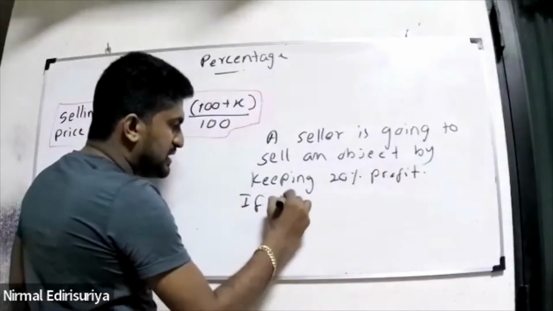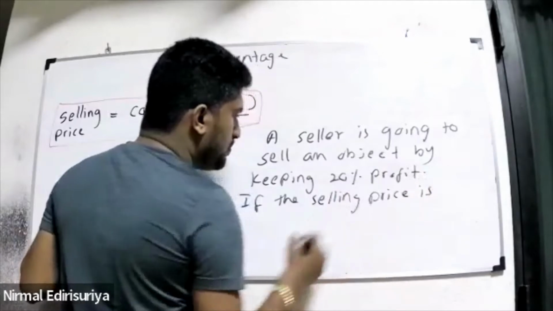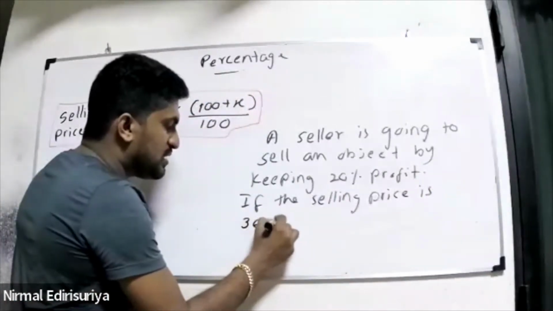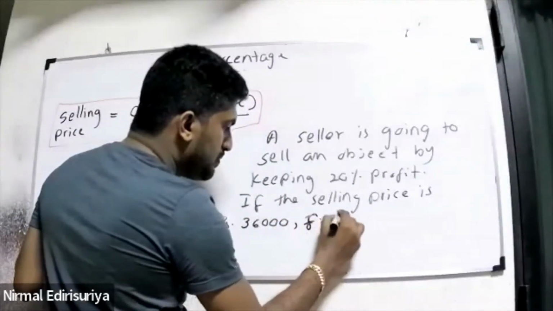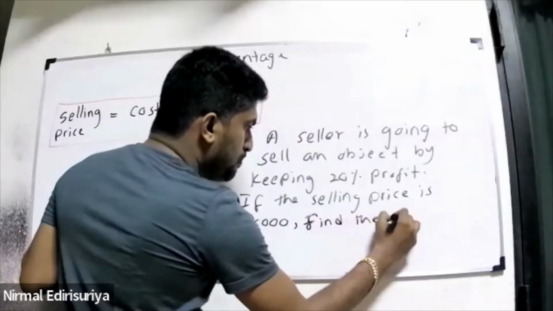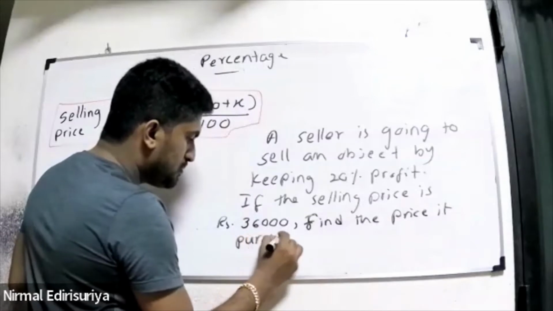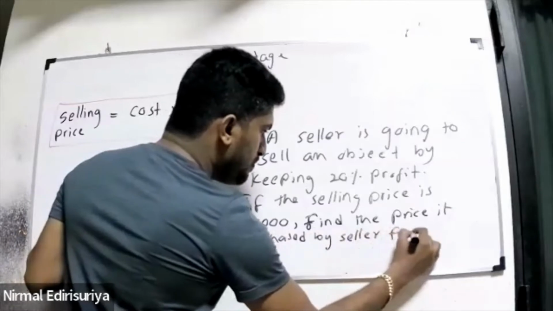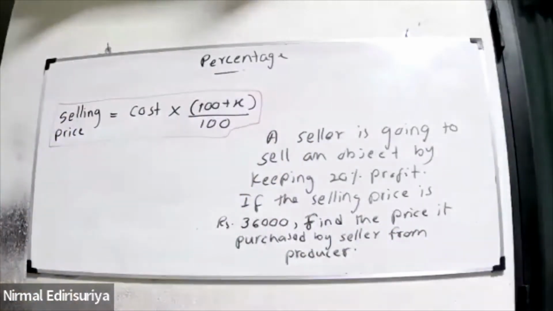If the selling price is 36,000 rupees, find the price at which it was purchased by the seller from the producer. Do it.